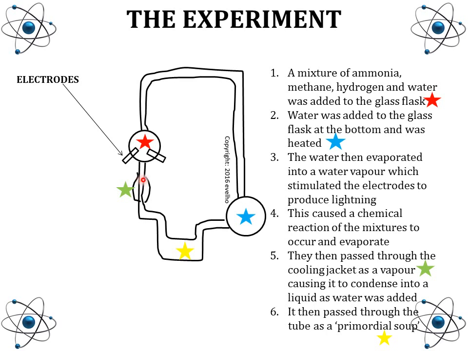This mixture could also be known as a primordial soup. So that's pretty much the background to the experiment itself. I should have said this at the start, but you only really need to know this if you're taking the higher tier C1 paper.